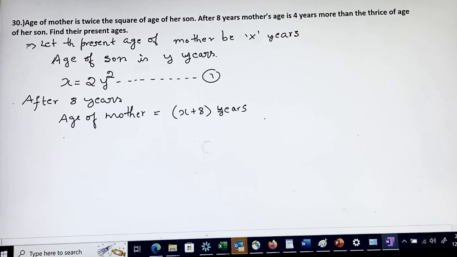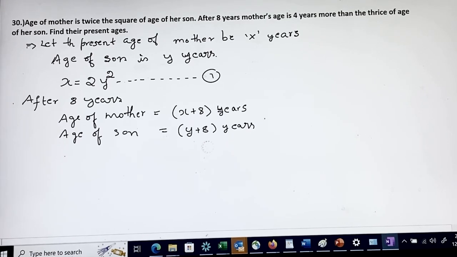Same goes with the son. If age of son is now y, then after 8 years we add 8 to the current age, that means y plus 8 years. This is as per our assumption. Now as per the given statement in the question, how much will it be?